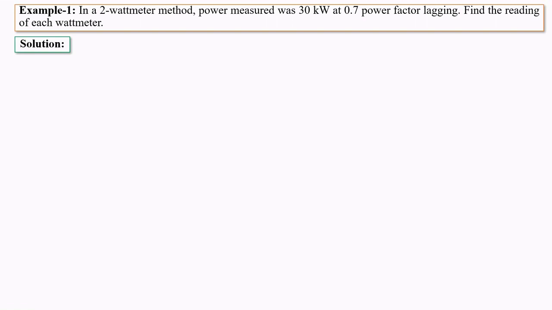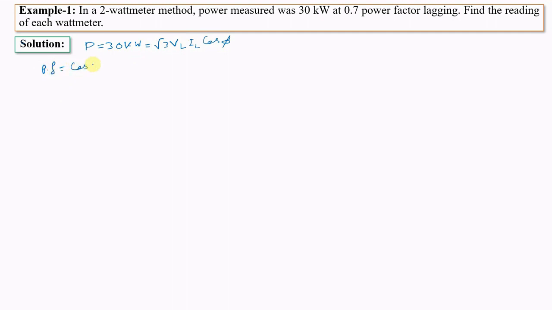Here in this question, the total power is given as P equal to 30 kilowatt. That is the total power. And we know that the formula for three-phase power is root 3 VL IL cos phi. In this question, the value of power factor is also given.